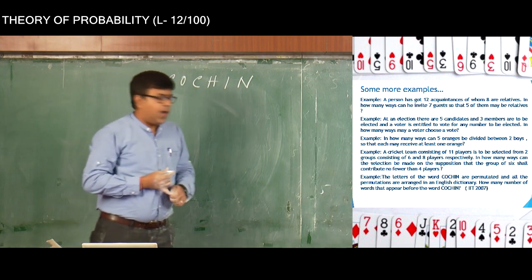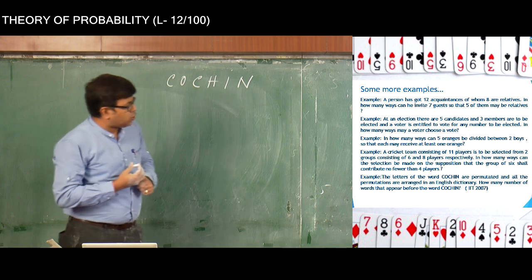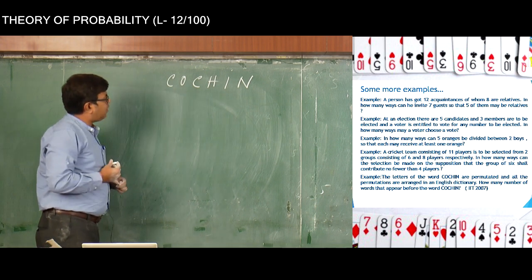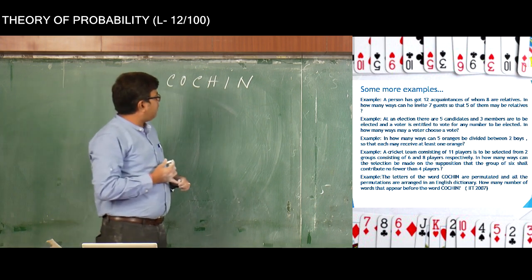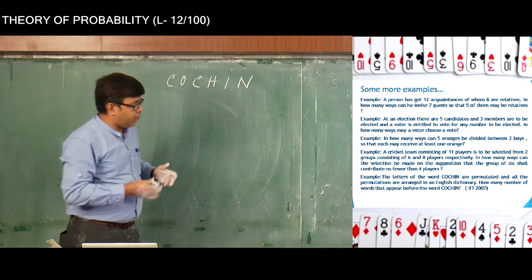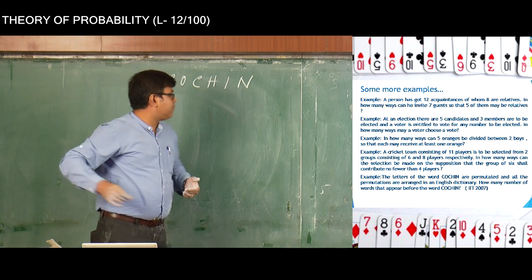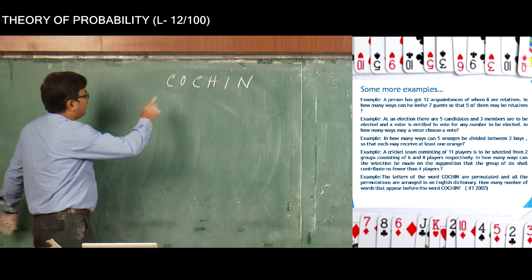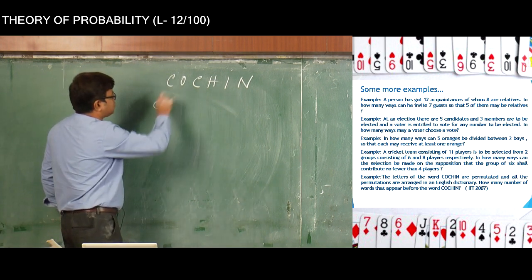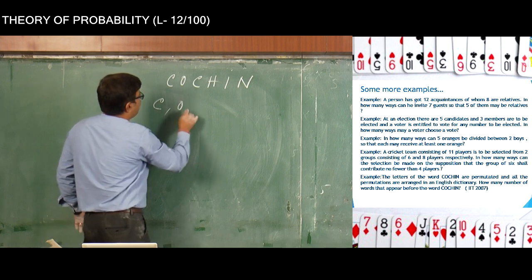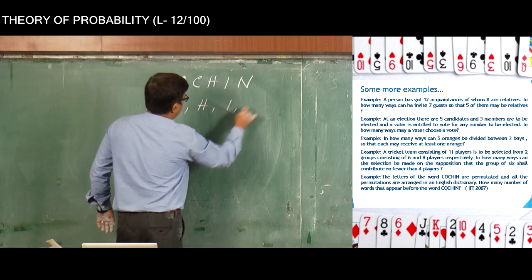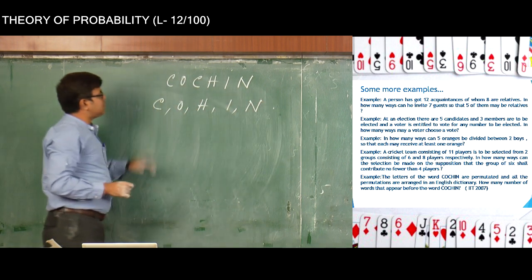Now, basically what I have to do here is find the arrangement in such a way that it is arranged alphabetically as in an English dictionary. As you can see, the letters are C, and there are two C's over here, then we have O, H, I, and N.